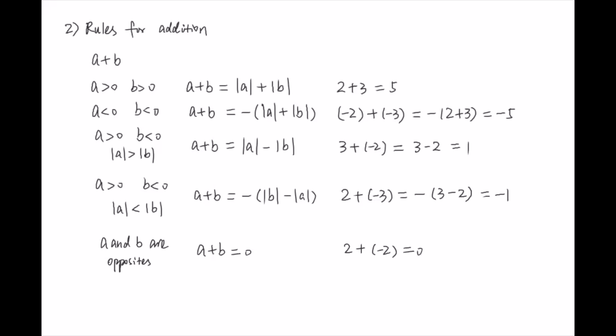If the numbers have the same sign, like situations A and B, add their absolute values and prefix their common sign. If the numbers have opposite signs, like situations C and D, subtract the lesser absolute value from the greater and prefix the sign of the number having the greater absolute value.